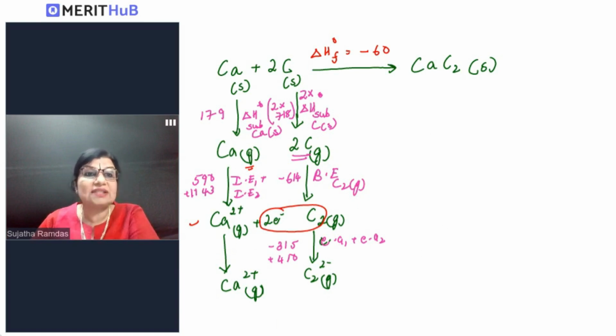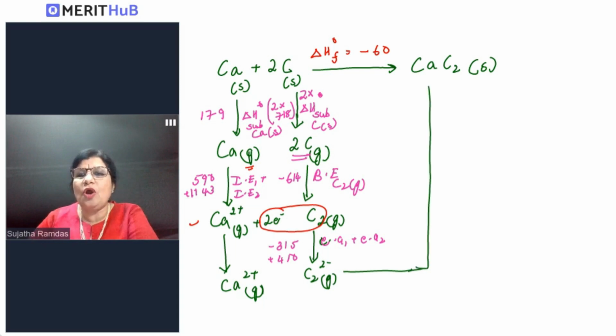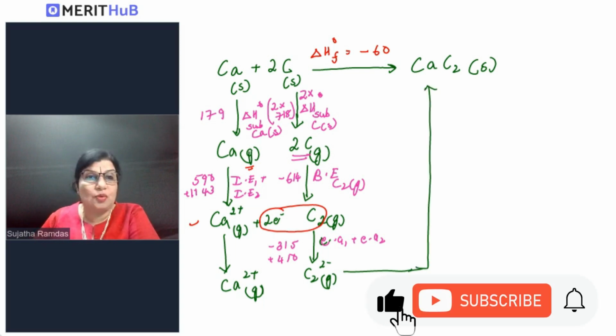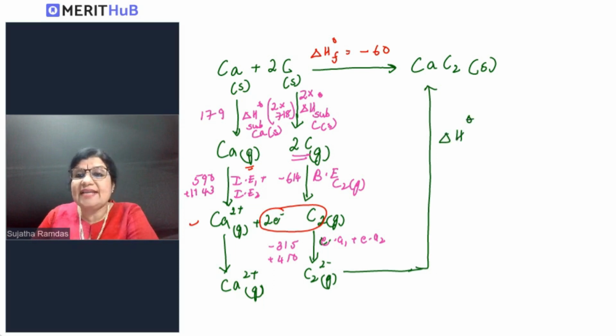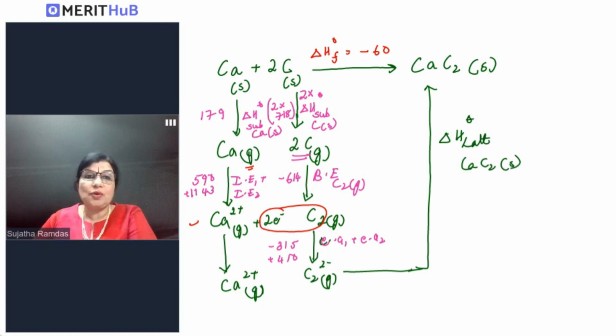Now comes the last thermodynamic term, which involves the combination of these two gaseous ions to form 1 mole of this ionic compound, and that is nothing but the lattice enthalpy of the ionic compound solid calcium carbide. Okay, fine.